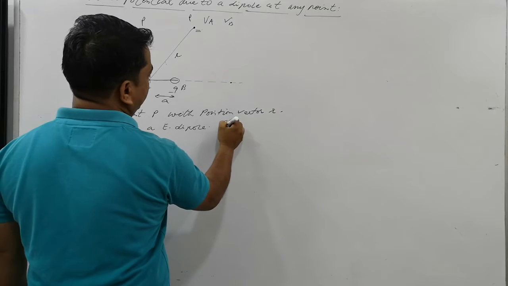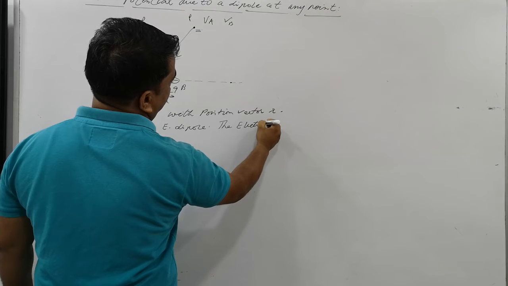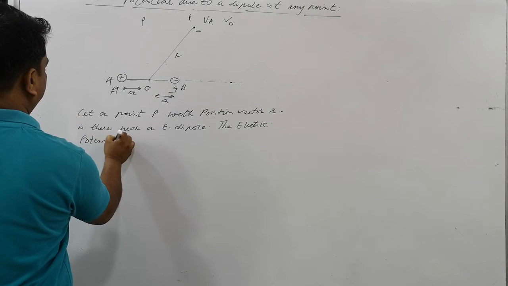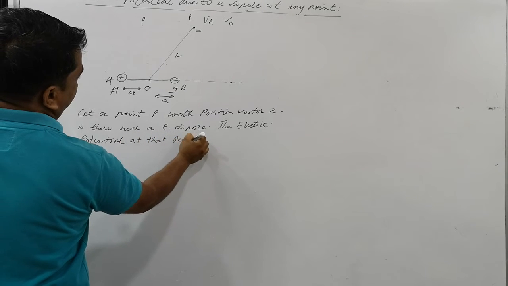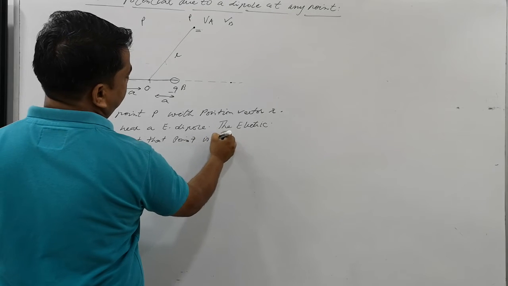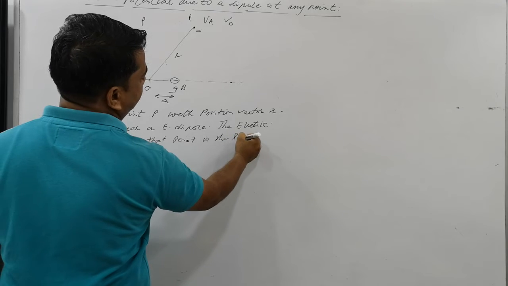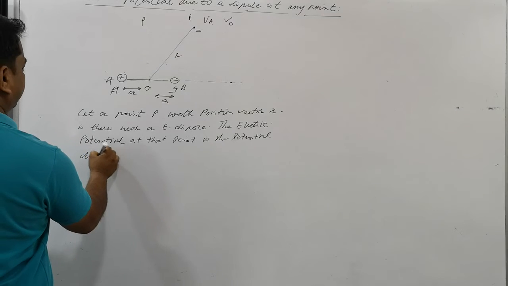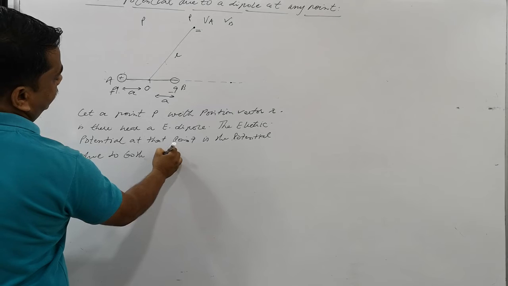The electrostatic potential, electric potential at that point, is the result of potential due to both the charges.